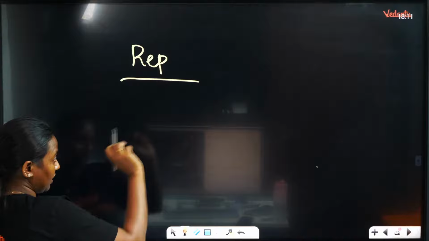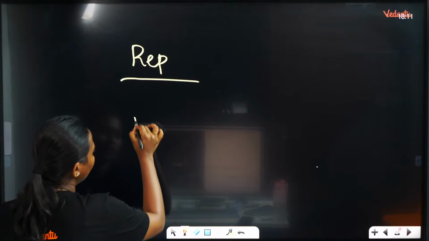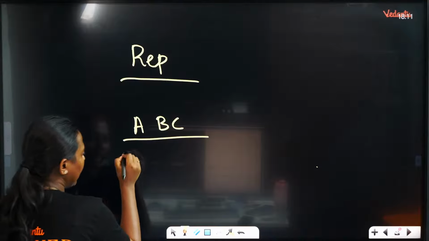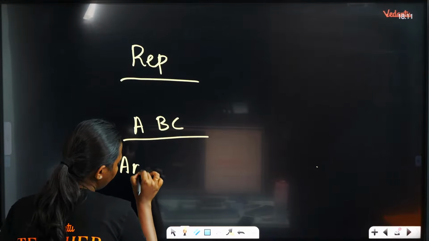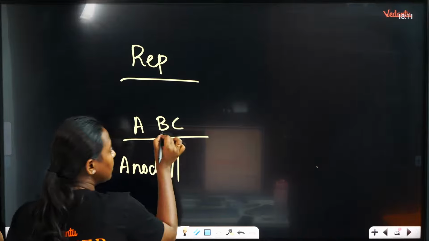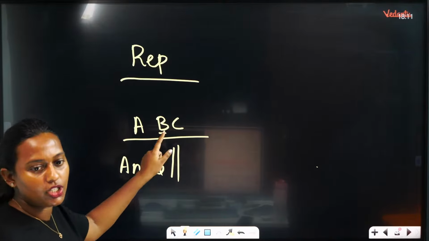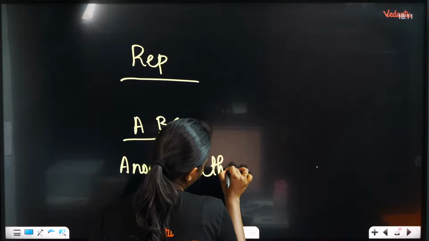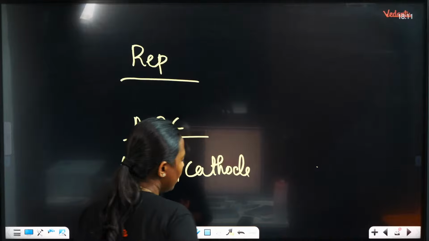So, how will we represent a cell? It's very simple, we will use the ABC method. What is A? A means anode. We represent the anode first, after that the salt bridge, and next the cathode.